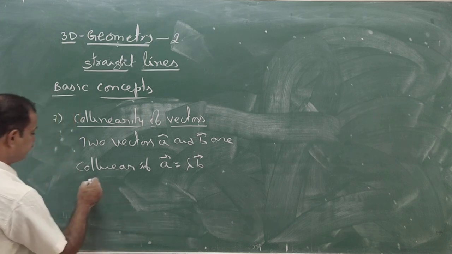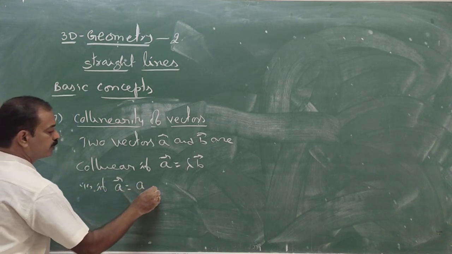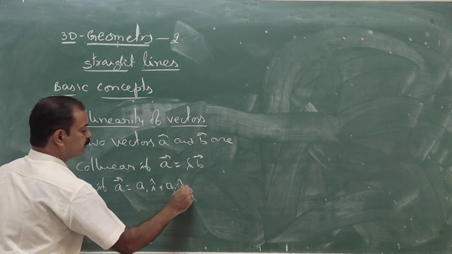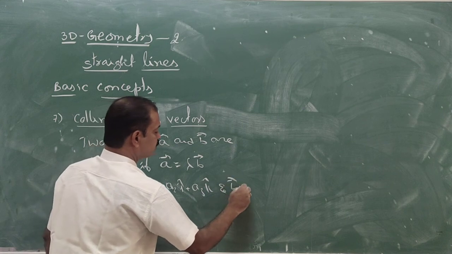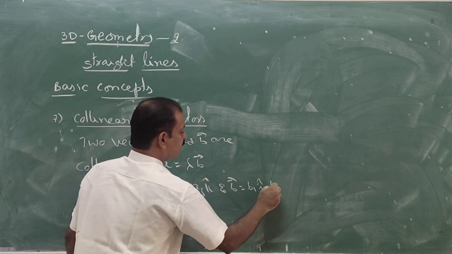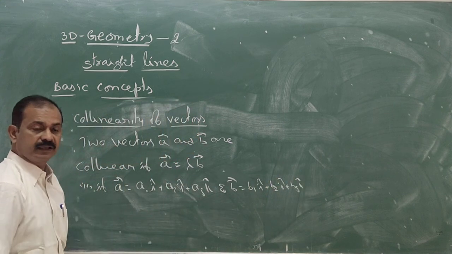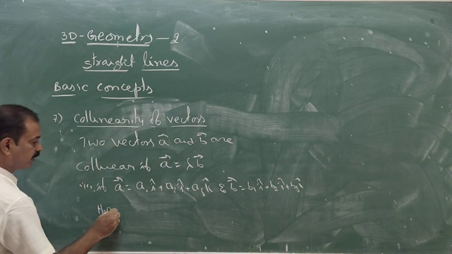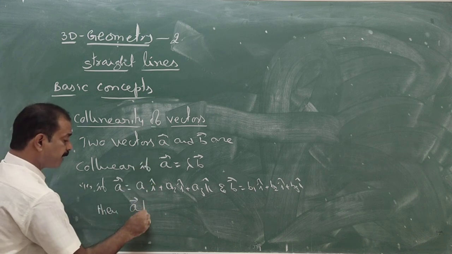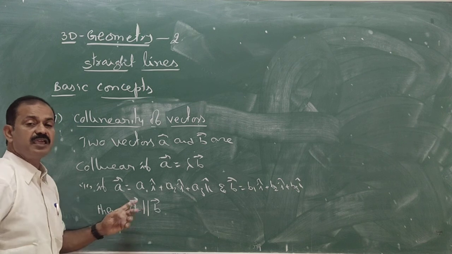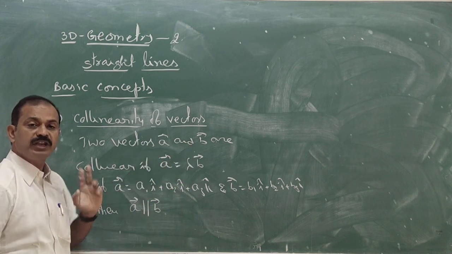That is, if A is equals to A1I plus A2J plus A3K and B is equals to B1I plus B2J plus B3K, then A is parallel to B, or A and B are collinear.